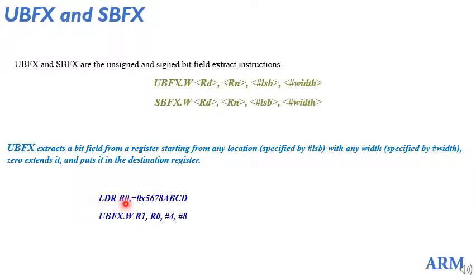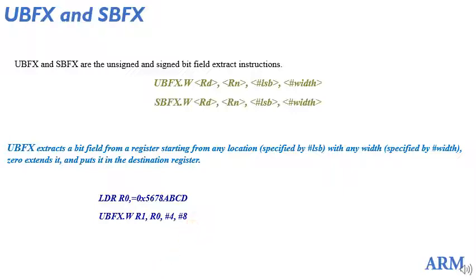The instruction here is LDR R0, =0x5678ABCD. Okay, so this will load R0 with this number, and the instruction to be executed is UBFX.W R1, R0, #4, #8.